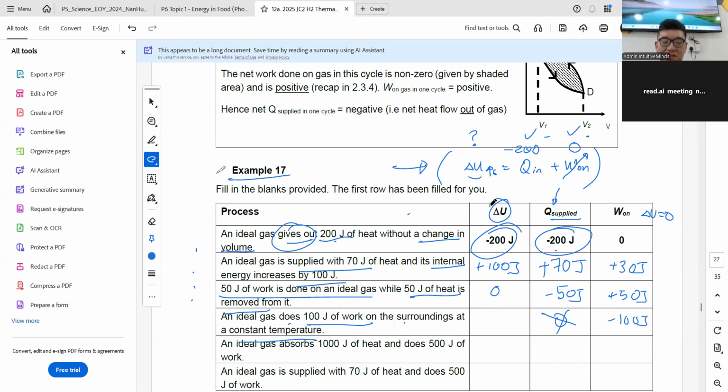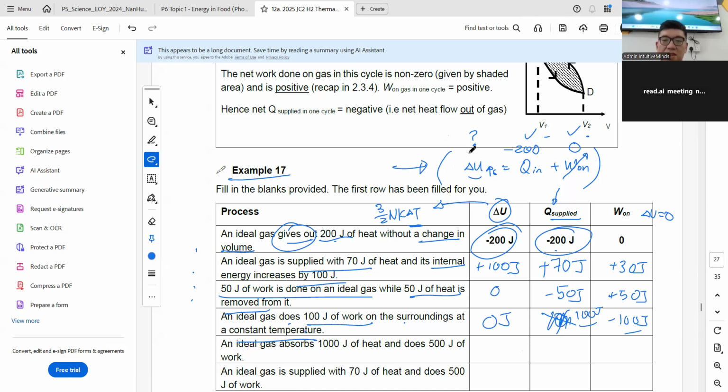Constant temperature is related to this because it's 3 over 2 nk delta T. So there's no change in temperature here. Therefore, this should be 0. And then this must be 100 because 100 minus 100 equals 0.